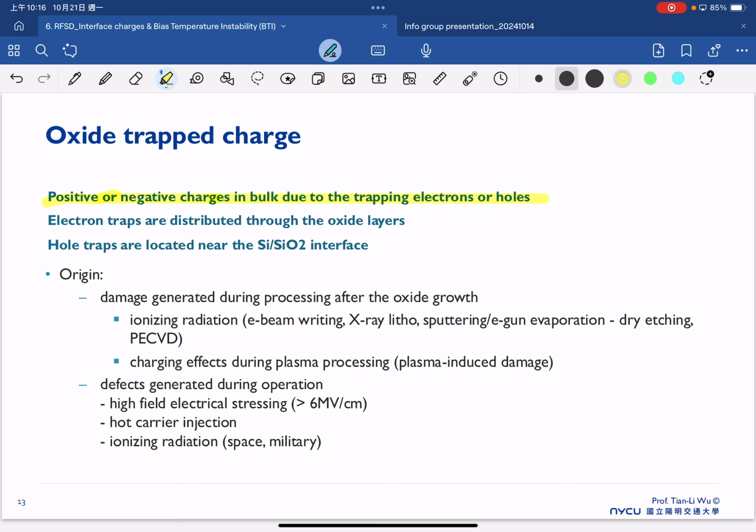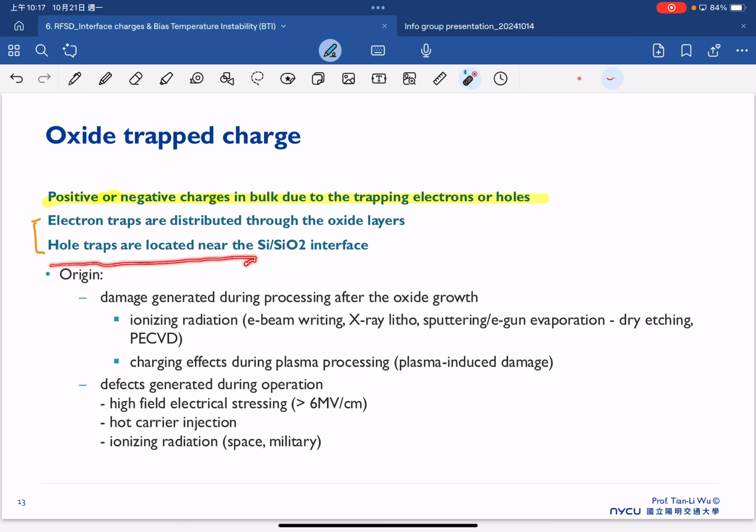If we talk about the oxide trap charge here, we have two types. One is electrons. This is the electron trap, distributed through the oxide layer, and we might also have the hole trap near the silicon dioxide.